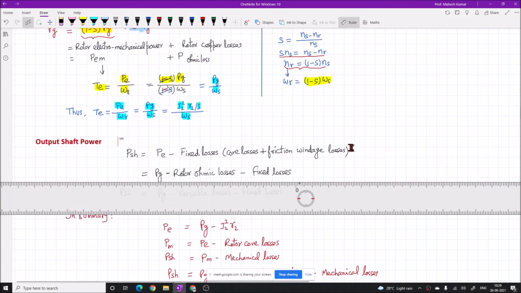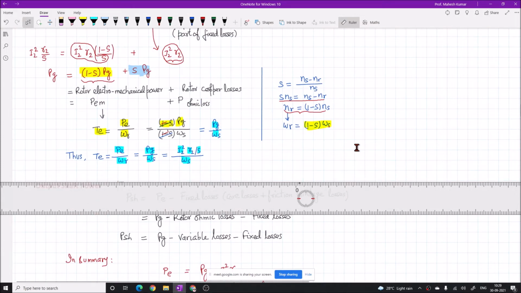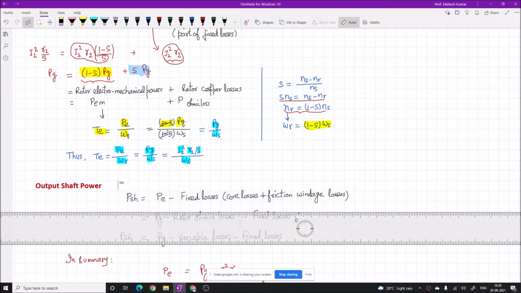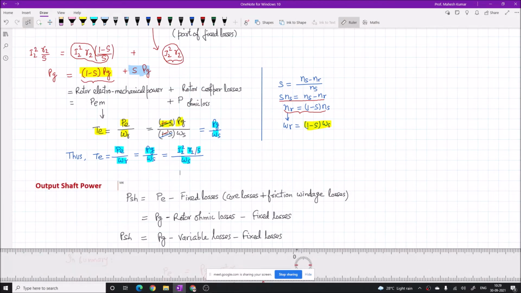So now we have developed the expression for power and its main component, and also the expression for electromagnetic torque TEM. Now there are some more components of these powers.